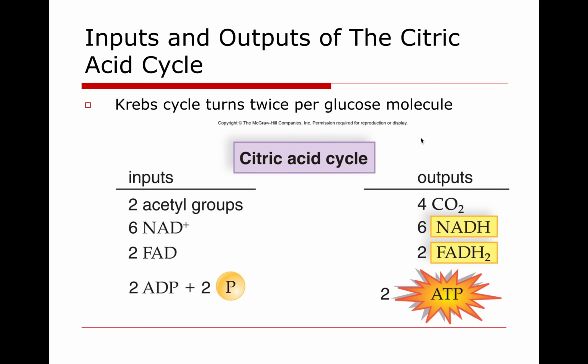Because glycolysis broke that glucose into two pyruvates. Okay, so we have to fix both of them. So you can see that all the stuff I put in, and this is what I get out. Okay, the only thing we really need to worry about is this 2 ATP. So the citric acid cycle, or the Krebs cycle, makes 2 ATP.